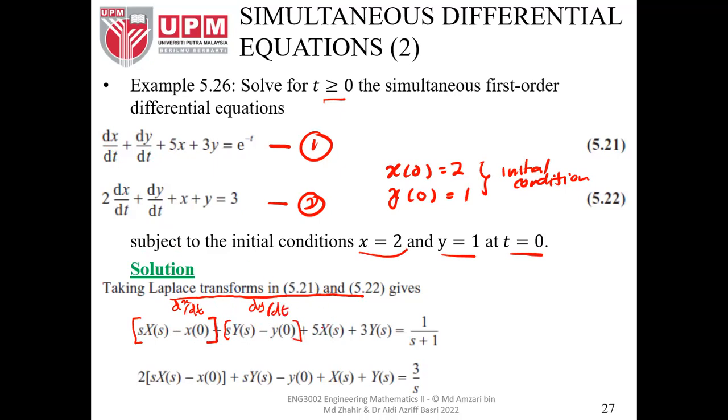So 5x becomes 5X(s) and 3y becomes 3Y(s), equal to the Laplace of e to the power of negative t, which we know gives 1 over s plus 1.